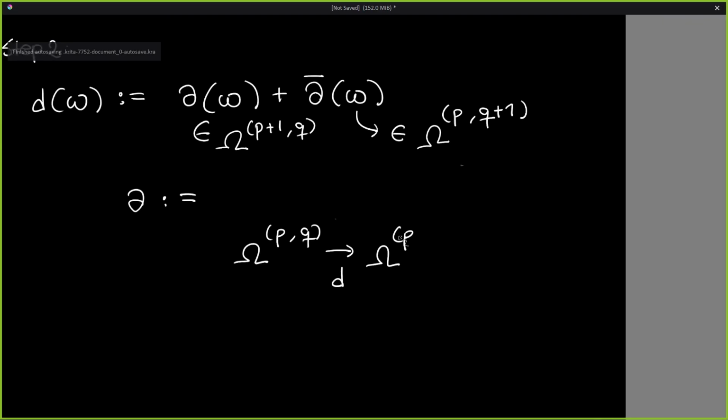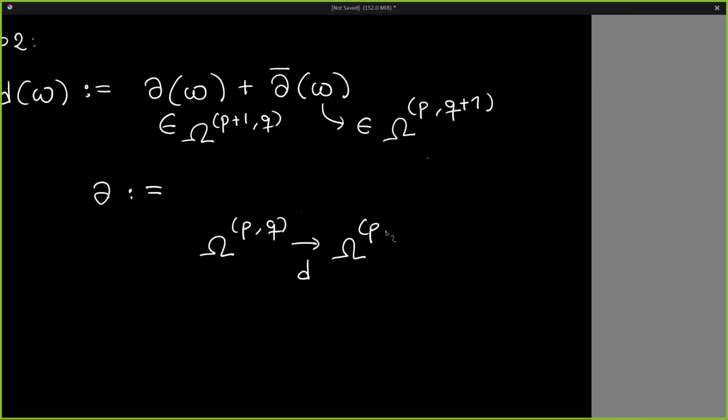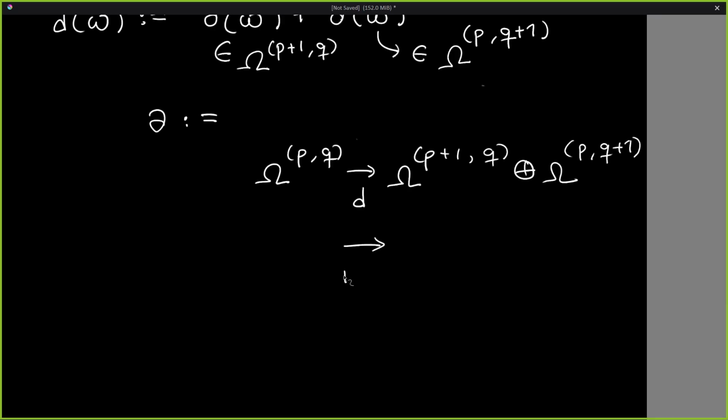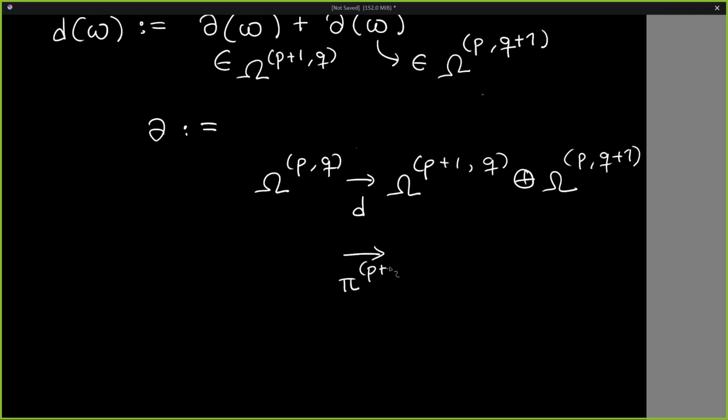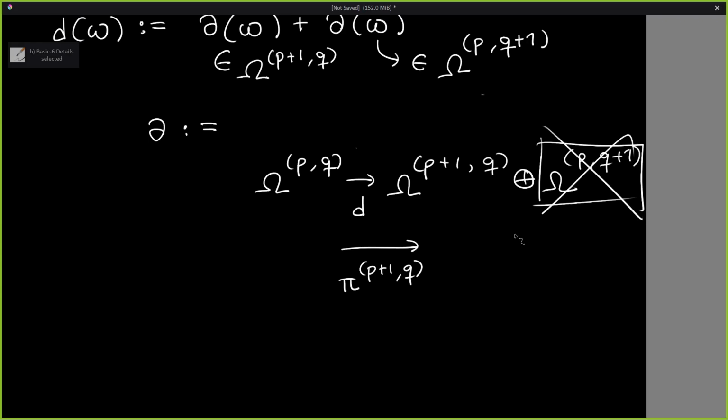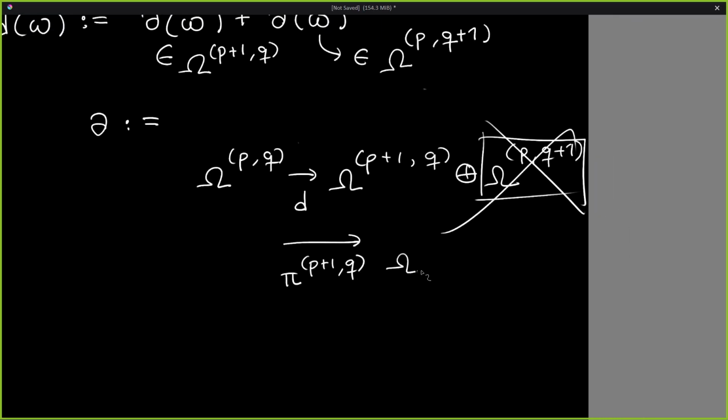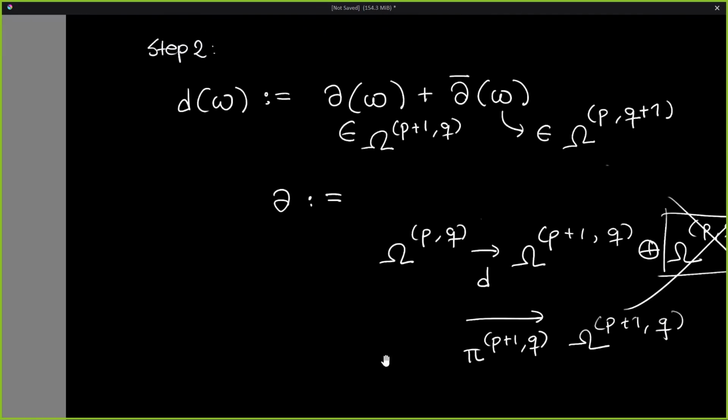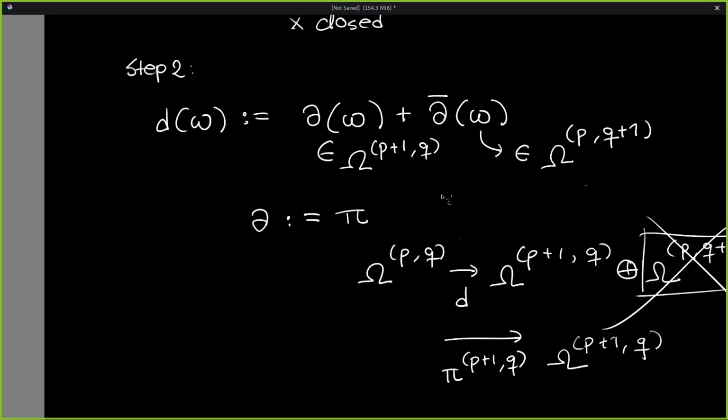So omega PQ, D will take it to omega P plus 1 Q plus omega P Q plus 1, right? And then pi P plus 1 Q will then project onto only one of the spaces. So it'll just take this and cut it out. And so then we'll get omega P plus 1 Q. That's our idea here. And yeah, let's put that back in here.